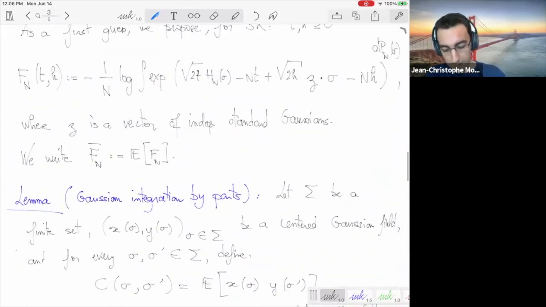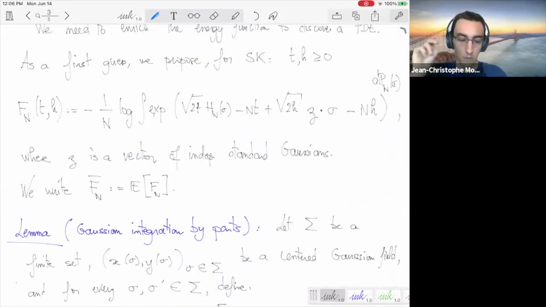Because for the bipartite model, it would make sense to be allowed to act differentially, individually on the sigma 1 and the sigma 2. So this is the guess for SK, and for the bipartite.